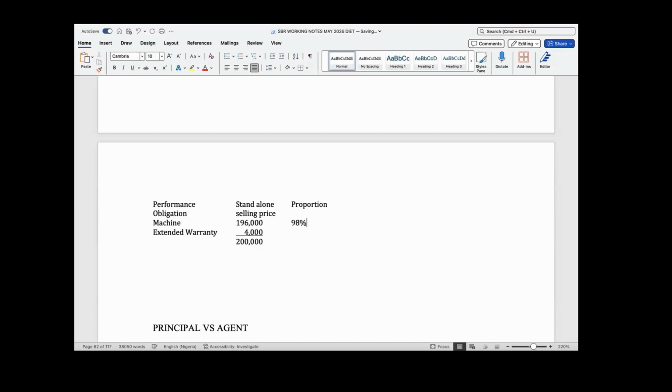Then, if this is 98%, this is 2%. In that case, we then do the allocation of the transaction price.